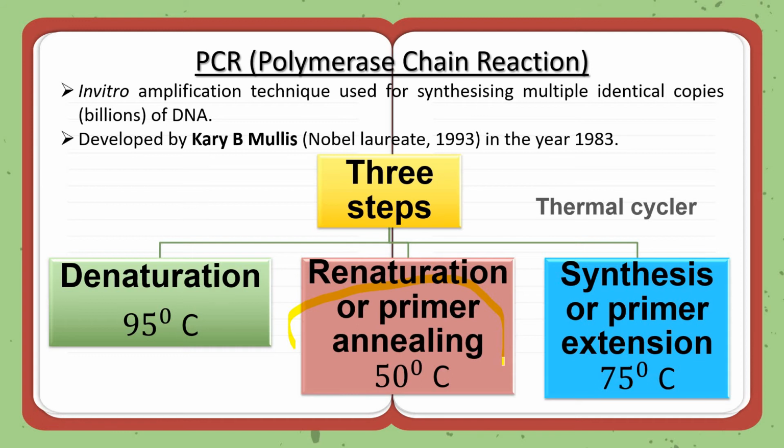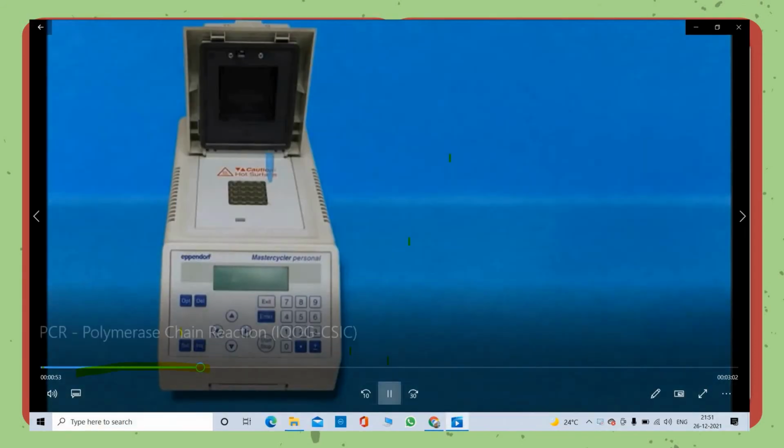The entire process takes place in the thermal cycler. The thermal cycler is the place where the three stages take place. We can compare the thermal cycler to the Xerox copier, the photocopier. In that, n number of DNA copies are produced.